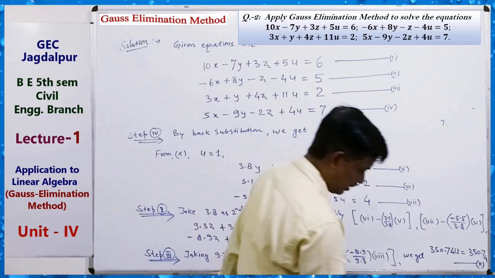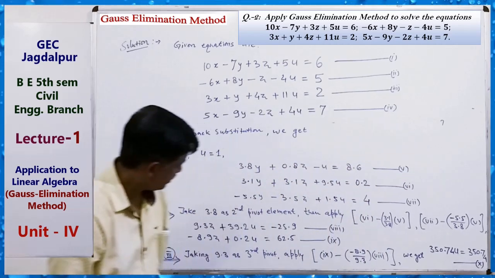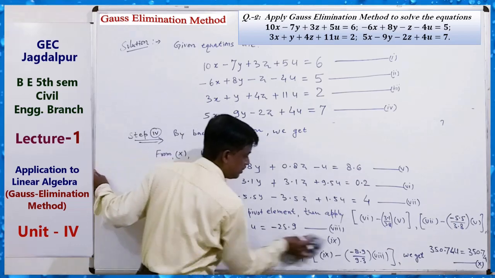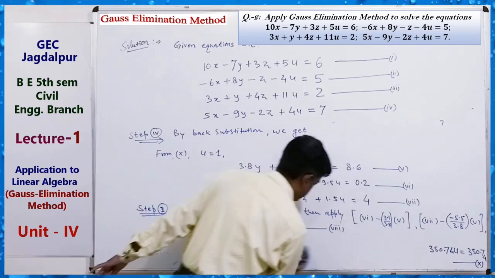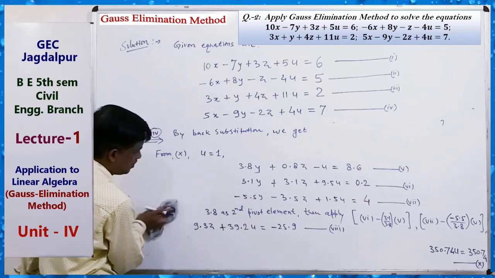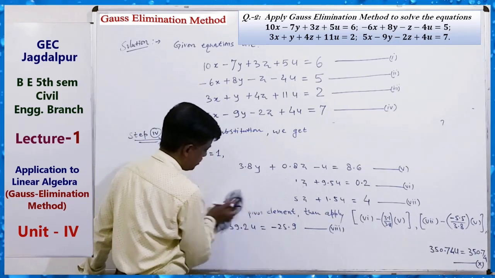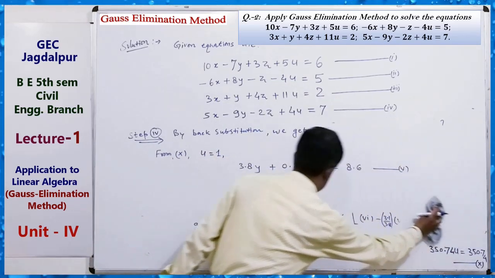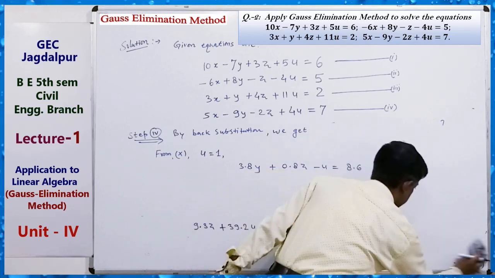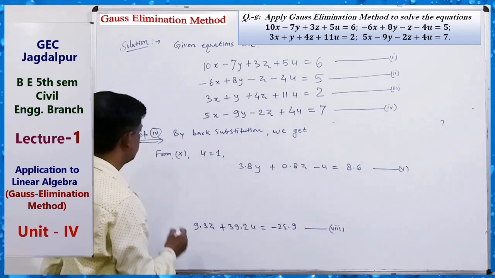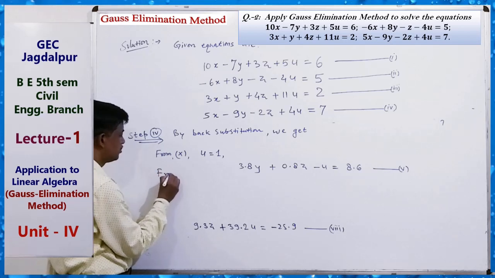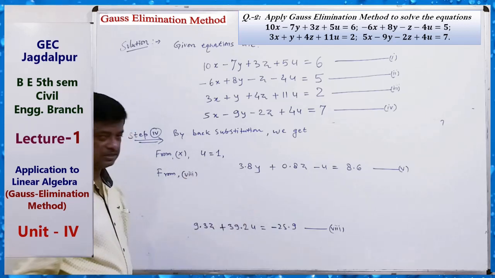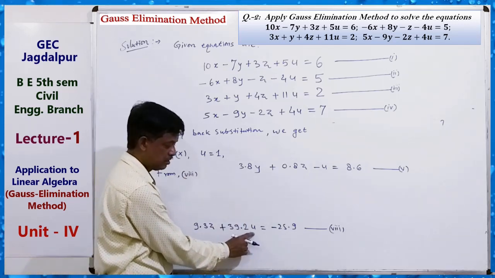Clear? And then from equation 8. We have used equation 8, so we can delete it. From equation 8, just put U equals to 1 here.